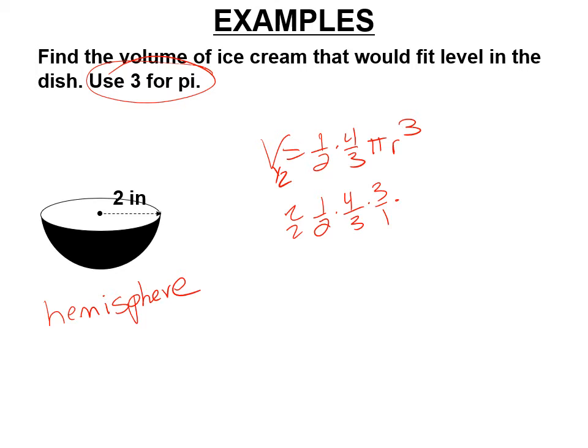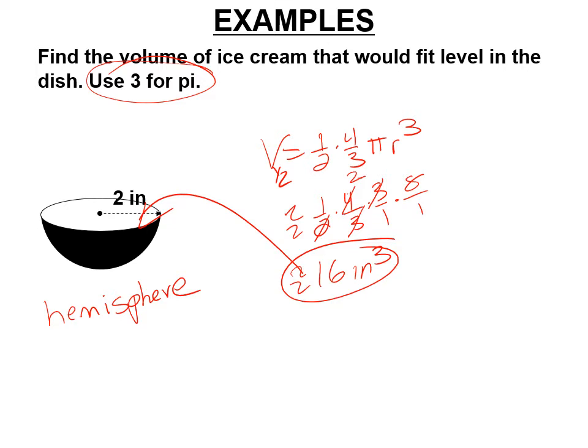And the radius here is 2, so 2 cubed is 8. I can cancel the 2 with anything up there, but I'm going to cancel with this 4. I can cancel these 3, and all I get is 2 times 8. I get 16 cubic inches in this half, or hemisphere. 2 times 2 times 2 was 8 for the radius cubed.